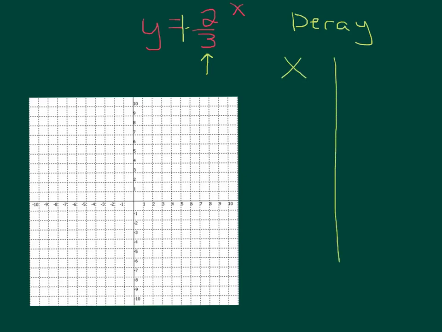So we're going to make an XY table, but before we make the XY table, I want you to think about what will this graph look like. So I'm going to do a quick sketch that I don't want you to graph. Exponential decay is going to look like this. So when you are picking values for your XY table, you're going to want maybe a couple more negative numbers, because that's where you actually get easier numbers to graph, and then maybe only a couple positive ones, because now you're going to get numbers really, really close to 0, very small decimals.